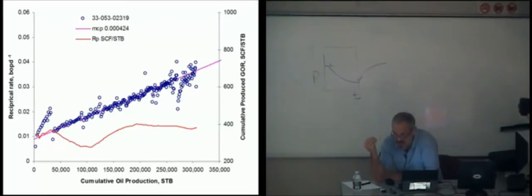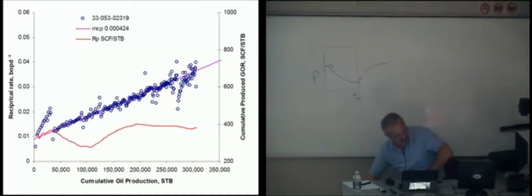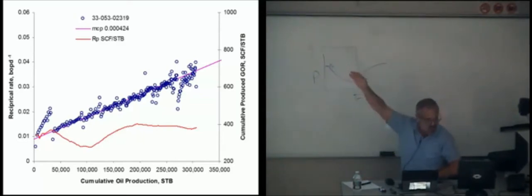It just doesn't happen. On this particular graph, what happened in the beginning? The well was not on pump, so the slope is against some delta pressure. The second slope is against a delta pressure of nothing because you've got a pump. The first slope is proportional to a head of pressure. So they let it flow like this, but then the well killed itself, so then you put a pumping unit on.